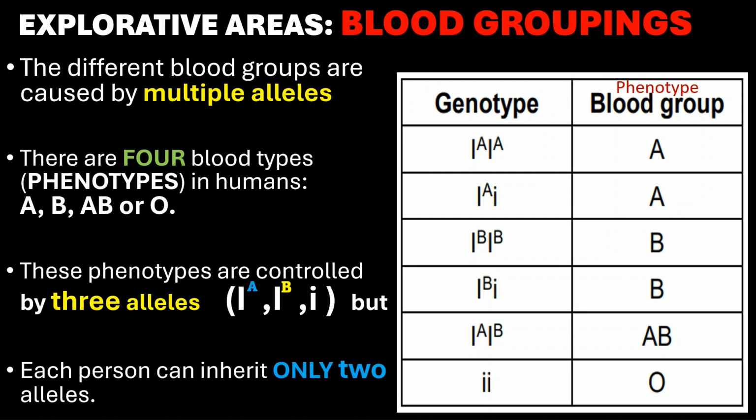So if you check your table, we have the genotype and the phenotype. The first one is capital I A, capital I A again. That person is homozygous. Where did the person get the first I A and the second I A from? The person got the first I A from one parent, it can be the mother. The second I came from the father.